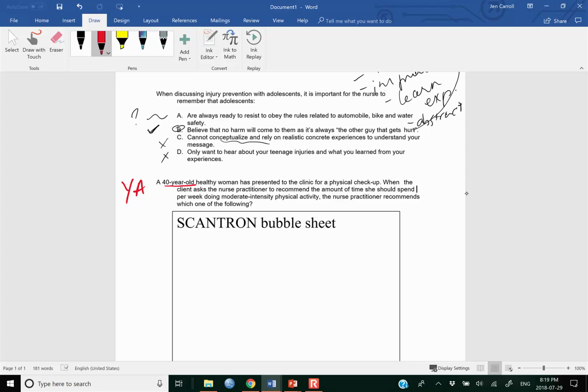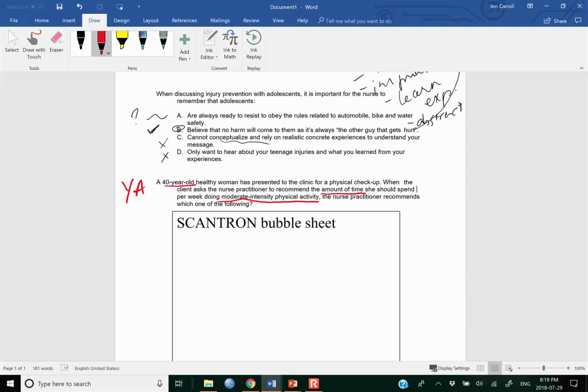So a 40-year-old healthy woman has presented to a clinic for a physical checkup. When the client asks the nurse practitioner to recommend the amount of time she should spend per week doing moderate intensity physical activity, the nurse practitioner recommends which of the following.